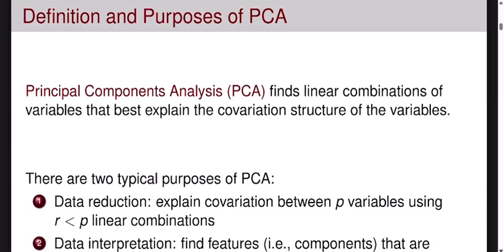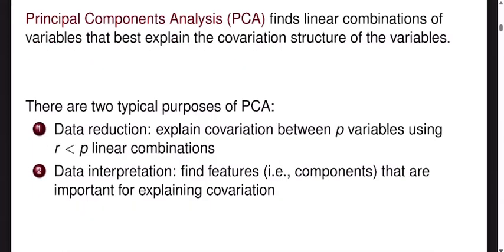In principal component analysis, we find the linear combinations of variables that can explain the covariation structure of the variables. We want to believe that variation exists among variables. Can we have a way to explain this variation with a few variables? Like we don't want to use all of them.